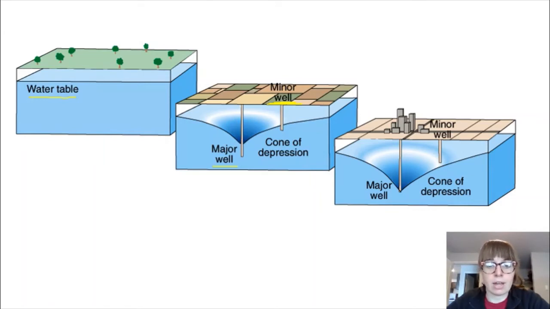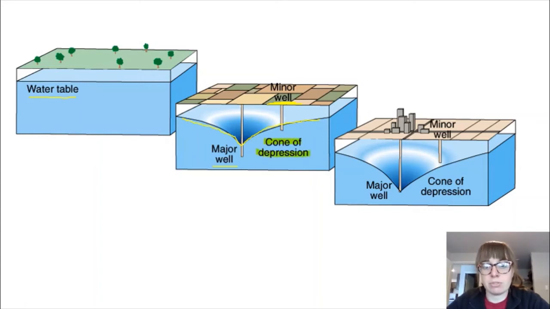Over time, we start to get this cone of depression. When you are extracting water from the system, just like when you suck water through a straw, you get this drawdown around the well extraction zone, and that creates this little cone shape that we call the cone of depression.